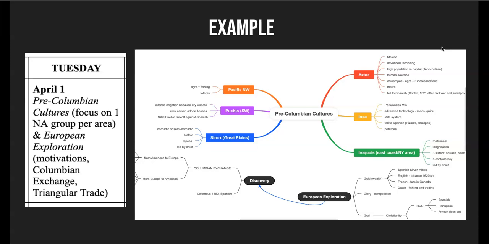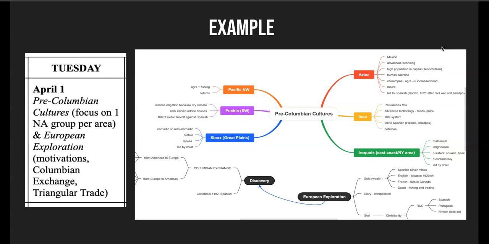So I decided to create a mind map, and normally I would do it on paper, but I ran out of paper and I didn't have any markers, so I did it digitally. And I started with my two main bubbles, pre-Columbian cultures, right? Native American groups, pre-Columbus, and European exploration, because those are the two big topics. Then, right, I think, okay, what are my pre-Columbian cultures?